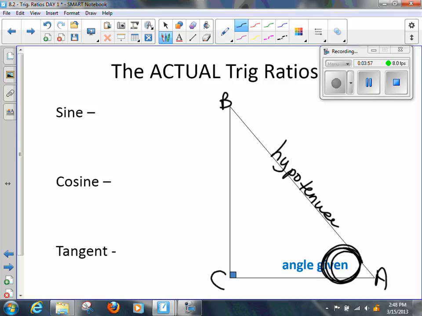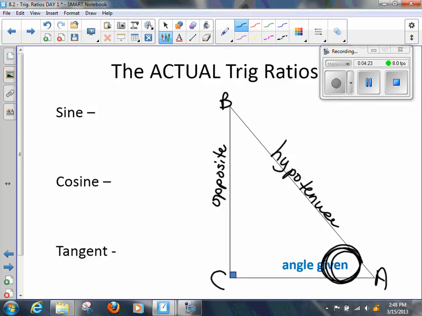Now, with relation to this angle A, we've got two other sides we got to worry about. Where is the side opposite angle A, that angle that I circled? Be very specific. BC is the side opposite the given angle.